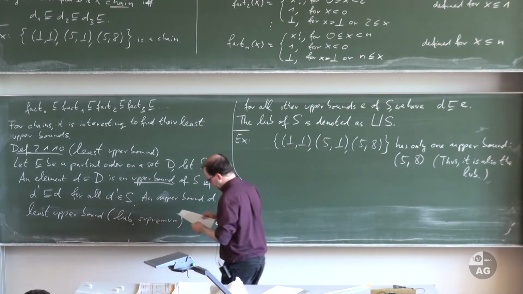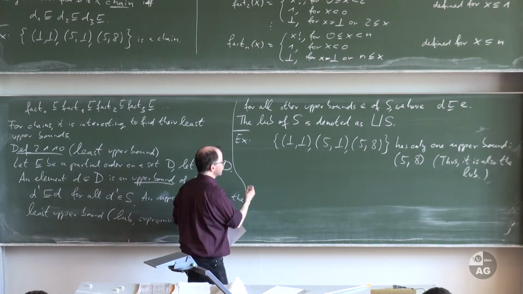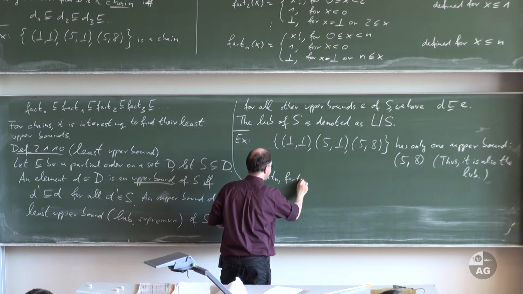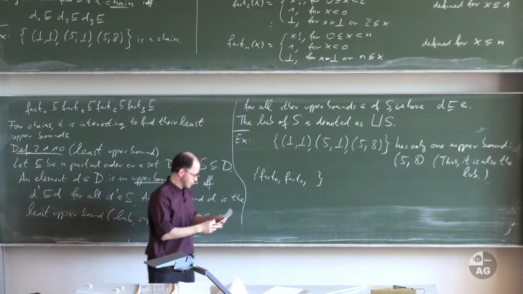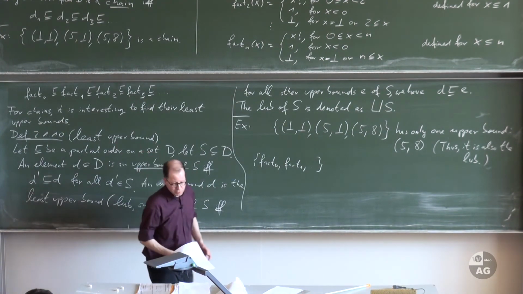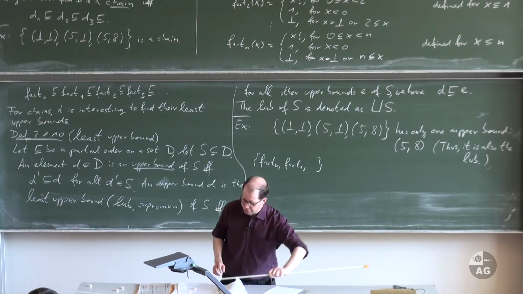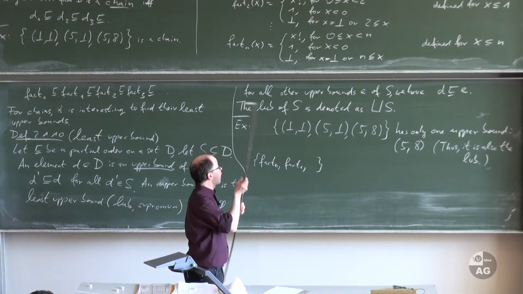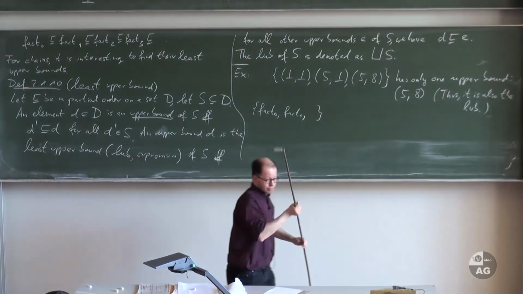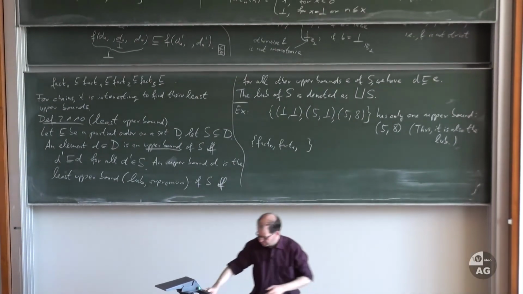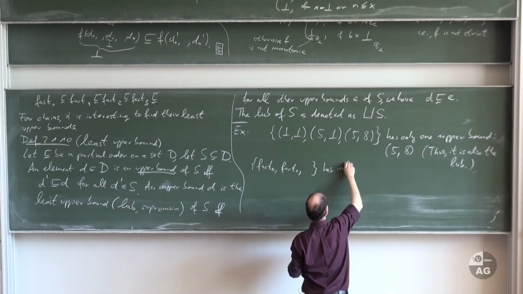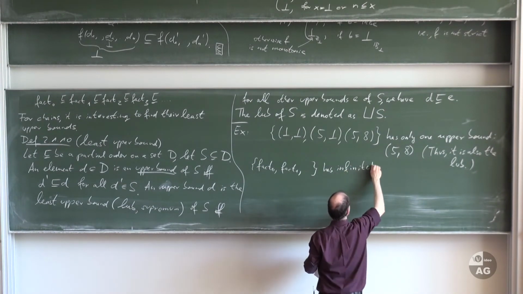Now, what about this chain with fact 0, fact 1, and so on? Does this also have upper bounds? Well, I would say yes, and in fact it has many upper bounds, infinitely many upper bounds.